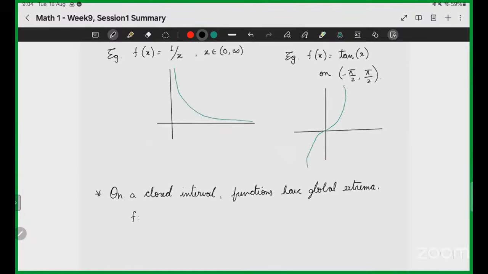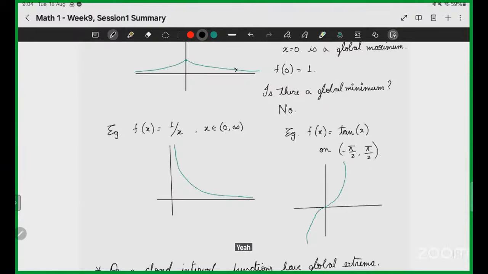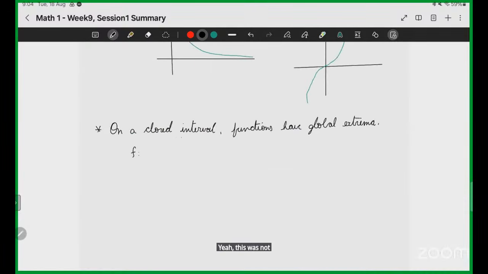So instead of defining it on an open interval, here this was not closed and bounded. You can't close off infinity, so it's redundant, but I'll write it anyway.